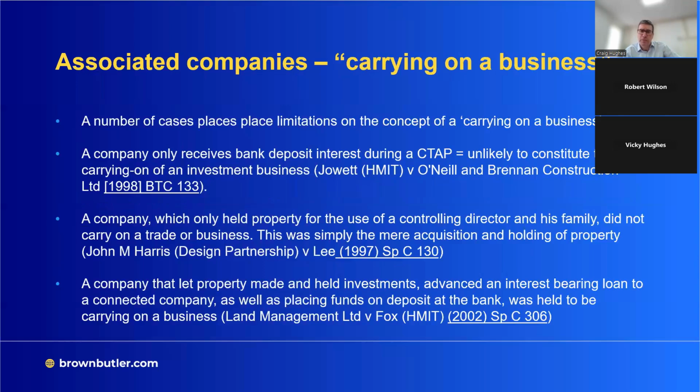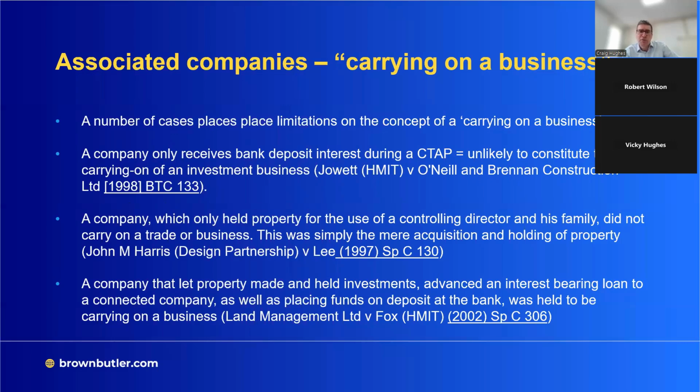So in terms of whether a company is carrying on a business and therefore would be included as an associated company, there has been various case law over the years. I've noted three there, two which went in the taxpayer's favour, one which didn't.